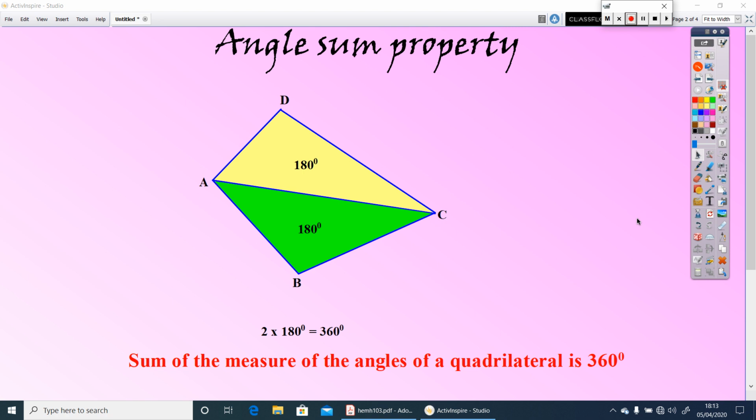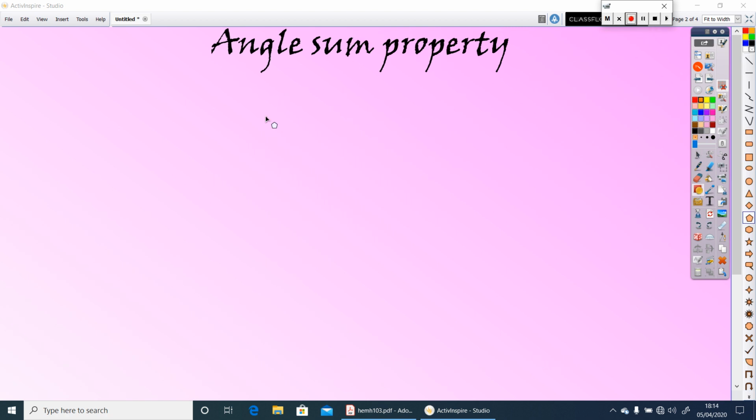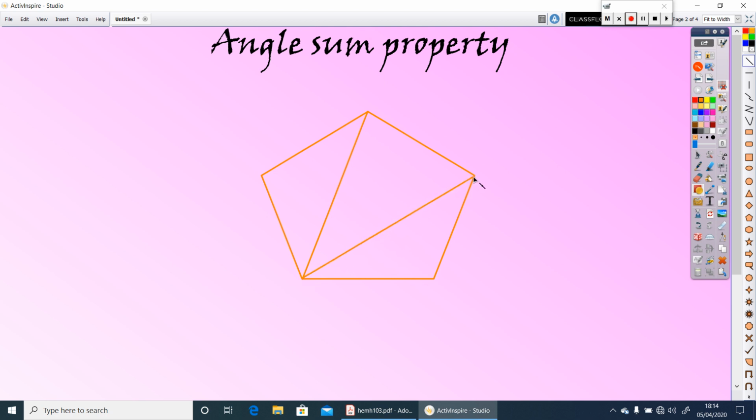Now let us find out the angle sum properties of more polygons. Let me take a pentagon. Now we have to find out the angle sum property of this pentagon. Now we can make this pentagon into triangles by drawing its diagonals.